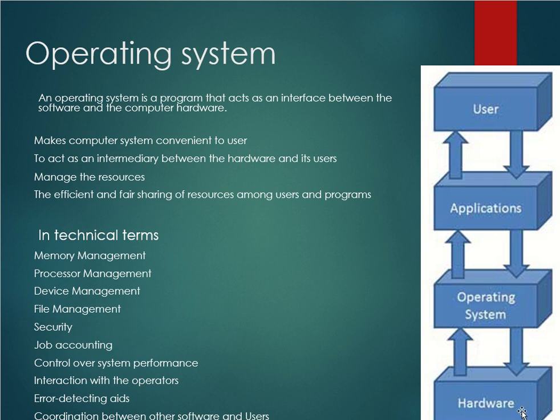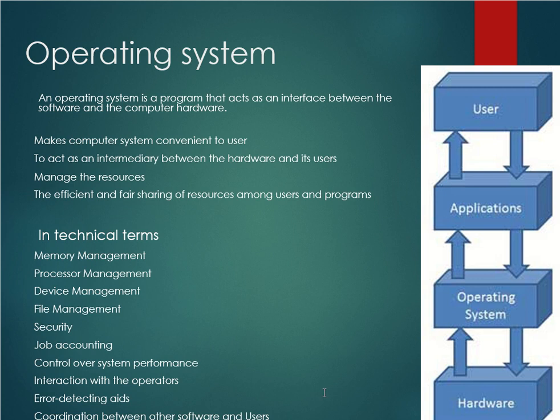And you can see hardware lies under the operating system. That means without hardware we can't install an operating system. Without an operating system we can't install applications. Without these three we have nothing to do.